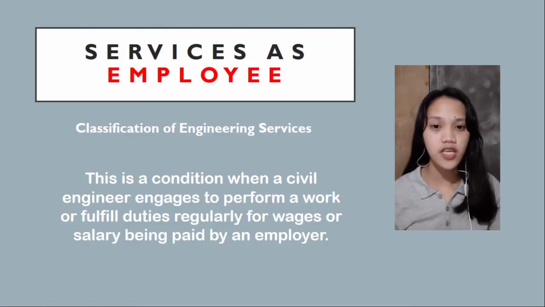The last in classification of engineering services is services as employee, wherein this is a condition when a civil engineer engages to perform work or fulfill duties regularly for wages or salary being paid by an employer.